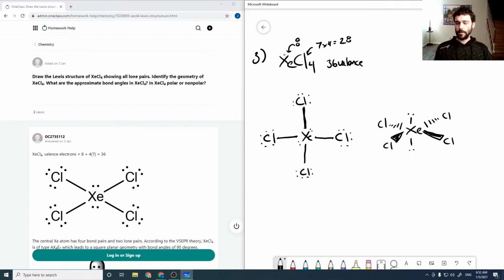And so this is a square planar molecule. In VSEPR theory, this would be either AX4E2, or maybe AX4 depending on what you want to call the lone pairs. And so this is a square planar molecule.